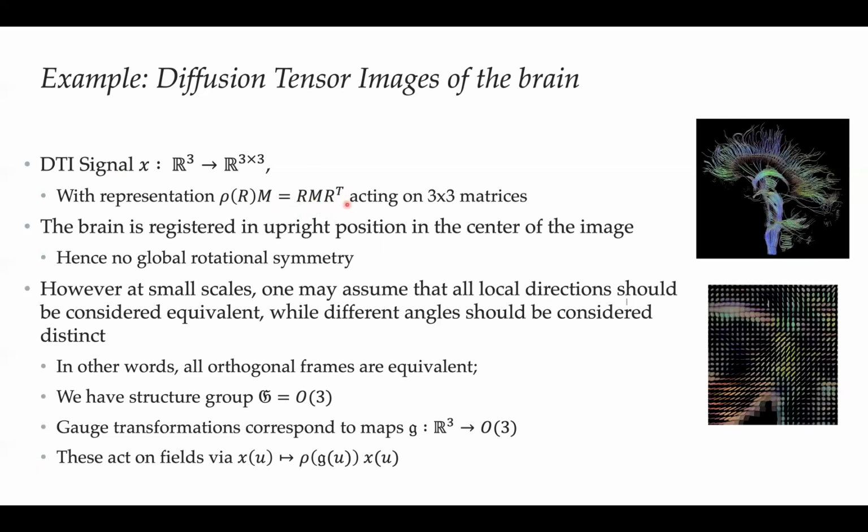So you're changing the basis on a matrix. Now, one thing to realize is that this rho is actually a bit different than the types of rho I've described before, where we described how the global signal transforms. This is a representation rho that acts only on a single 3x3 matrix.